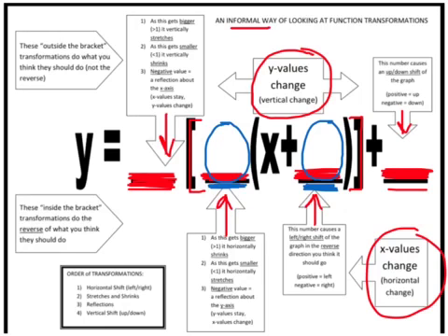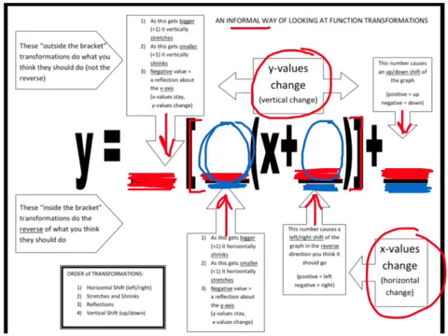And if the number here in front is something bigger than 1, like 3 or 4, it will actually shrink or compress it horizontally. So both of those things do the reverse of what you think.